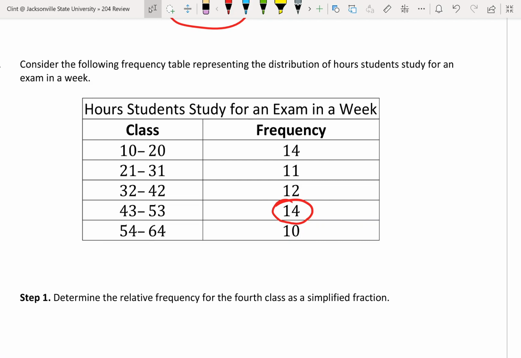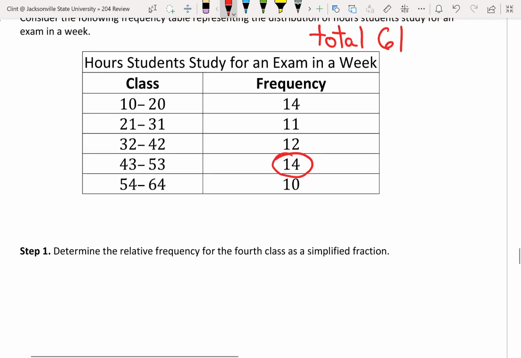All right, so 14 plus 11 plus 12 plus 14 plus 10. I get a total of 61. So for our relative frequency, 14 out of 61.